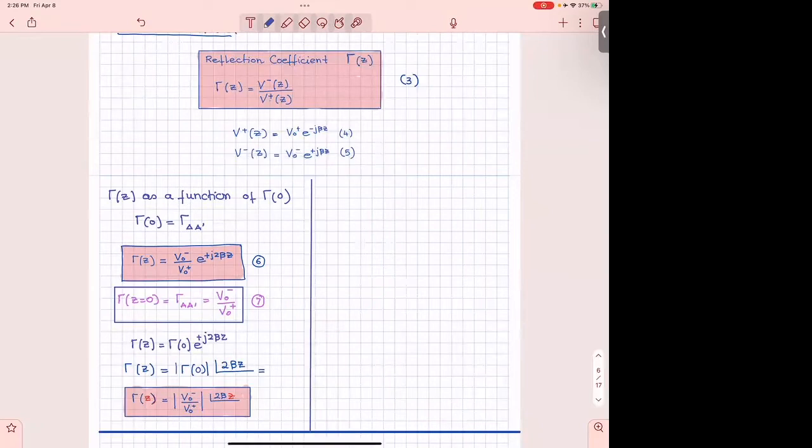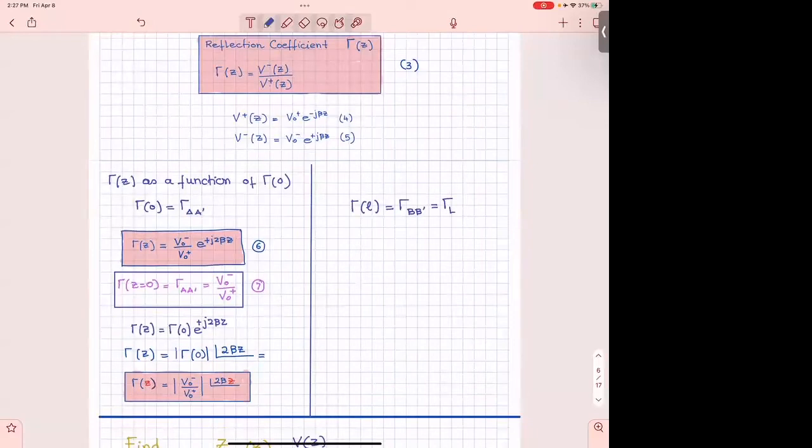At the end of the line, we have gamma at z equals L, which I also indicate either as gamma of BB prime, or in our case, I can also call it gamma sub L. As long as you remember that BB prime is at the end of the line, we can use gamma sub L. But as you try to do things systematically, make sure that you name it by the nodes you have. Okay, so that is at the end.